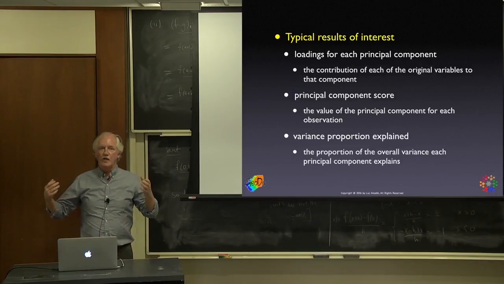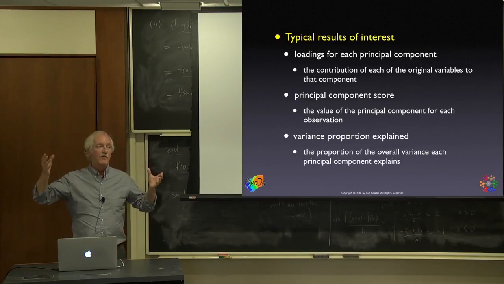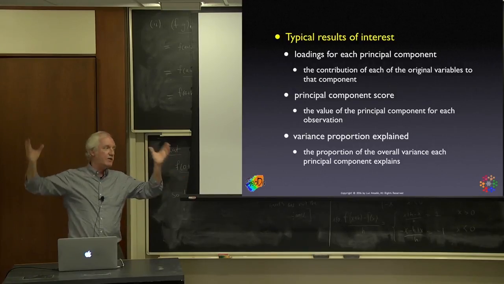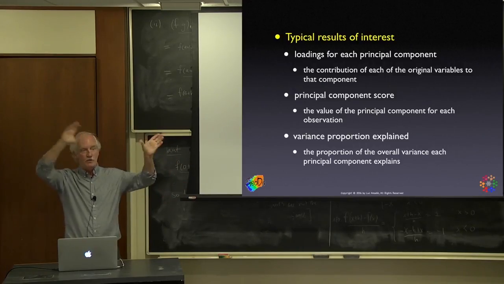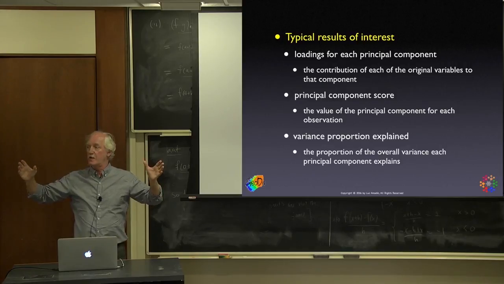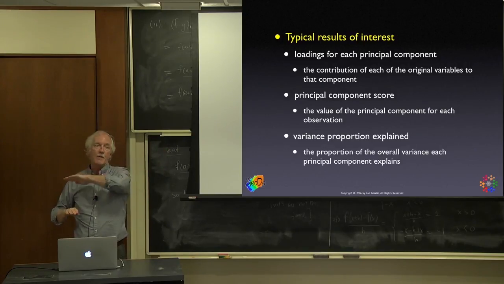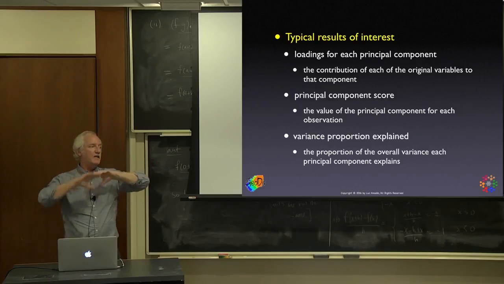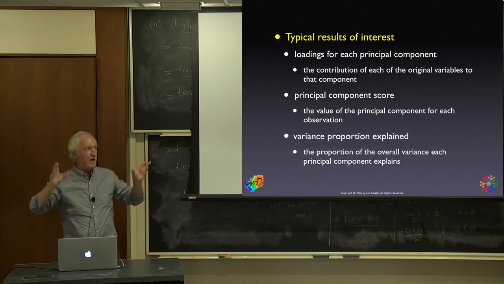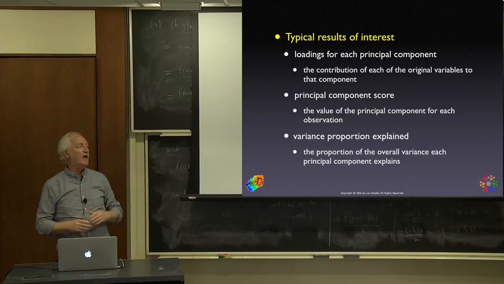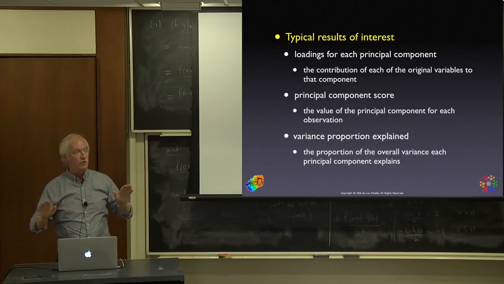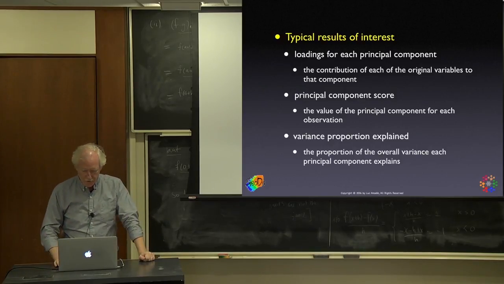If you have 12 variables, that's a 12-dimensional space. Your data points are floating in 12-dimensional space. Your first 2 principal components give you a plane that approximates these 12-dimensional space points in the best possible way as a plane, as a 2-dimensional space.